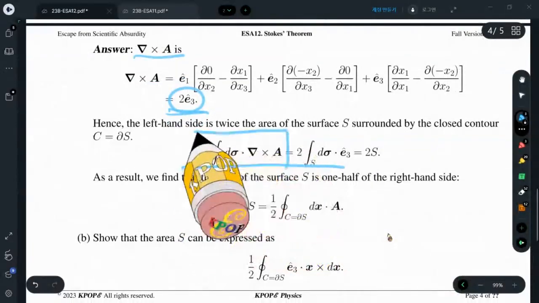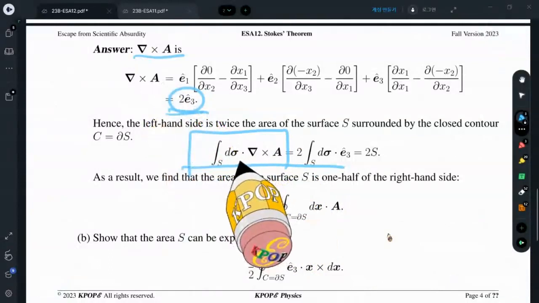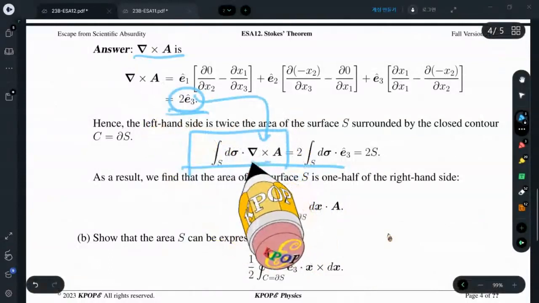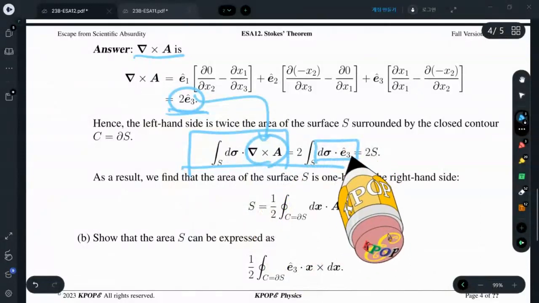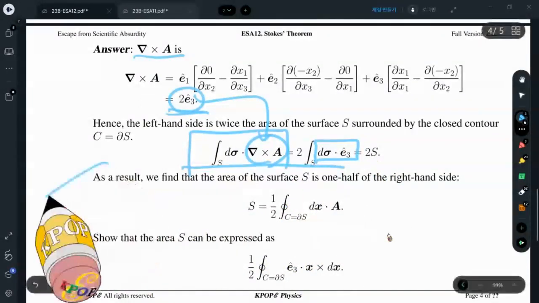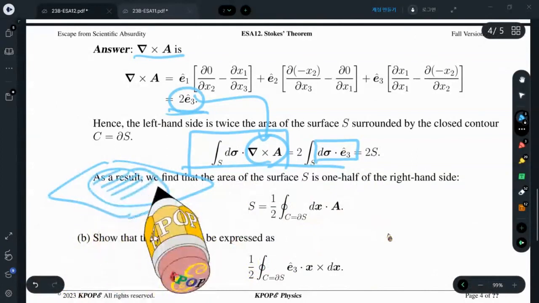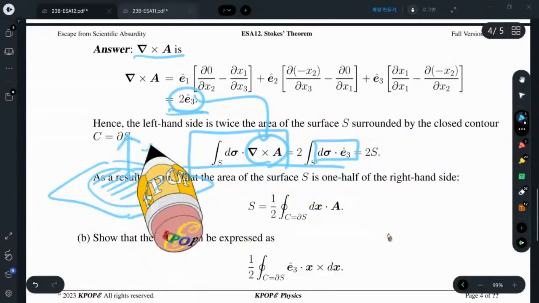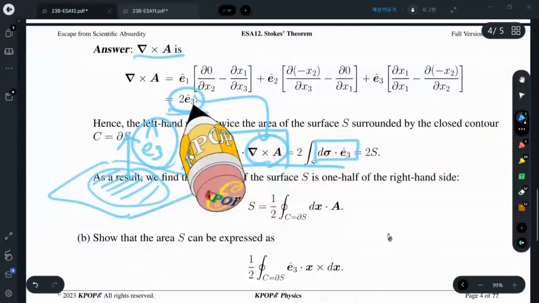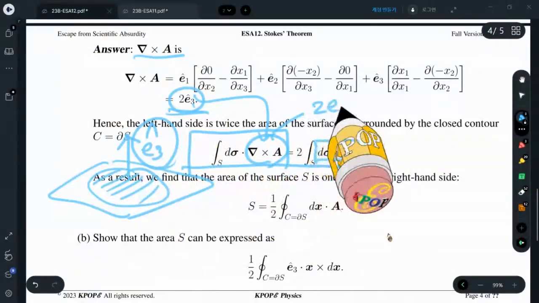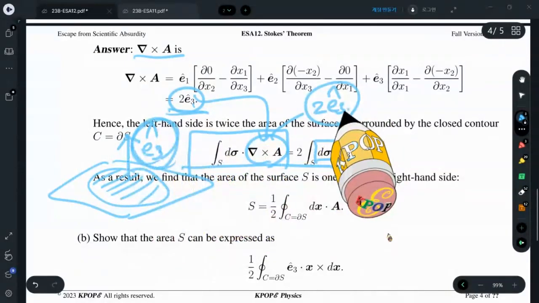This is without Stokes' theorem. Just use this expression and substitute 2 times e3 dσ. dσ is the surface vector along e3. So this e3 and this e3 are parallel.